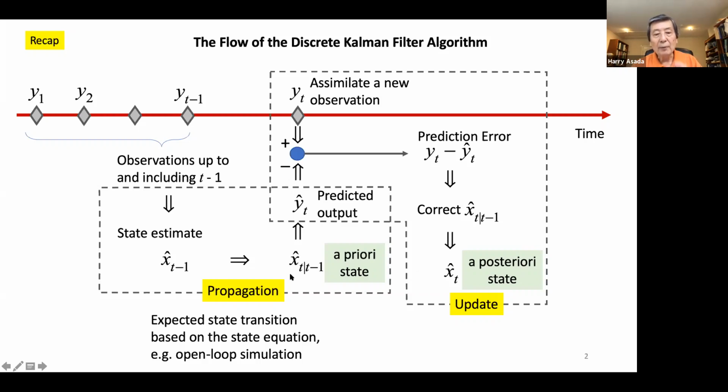In the propagation, we basically predict the expected output sensor signals through simulations and the internal model, and we create the predicted one, y_t hat, which is compared to the assimilated real sensor data y_t, and the difference is used for correcting or updating the state x_{t|t-1}. Before assimilating the signals, we basically predict the output, a state, which is called the a priori state, x_t conditioned on t minus 1.